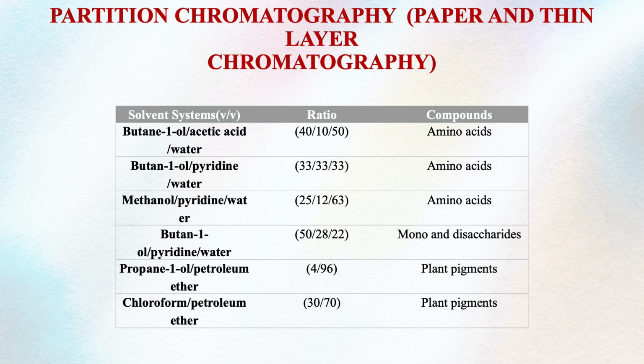So if you look into this table, you can observe different types of solvent systems. If you want to separate monosaccharides, disaccharides, or plant pigments, there are different solvent systems. Why do we have so many different types of solvent systems here? Again, you need to recollect your biomolecules, because these biomolecules are of different types like amino acids, proteins, carbohydrates, lipids.